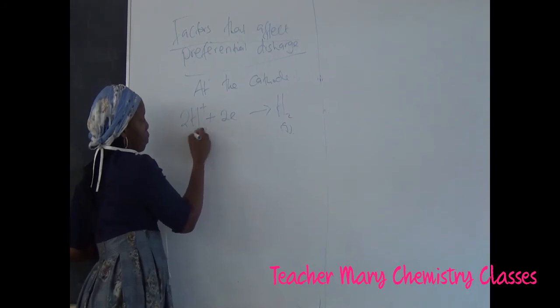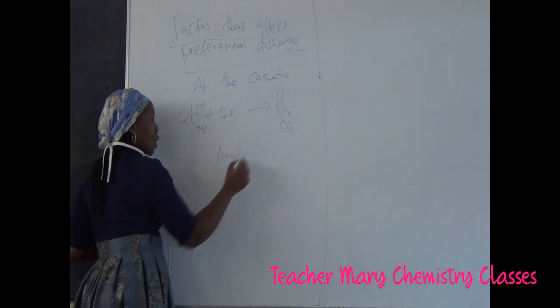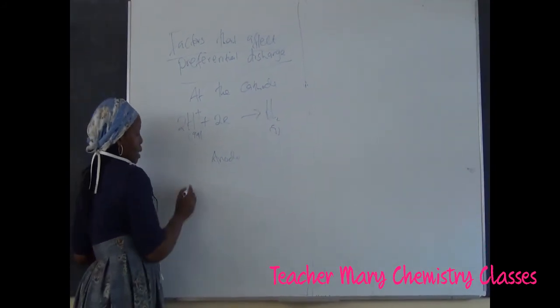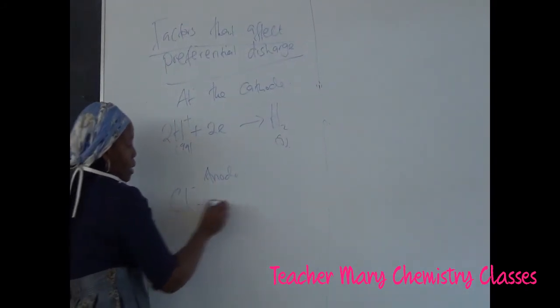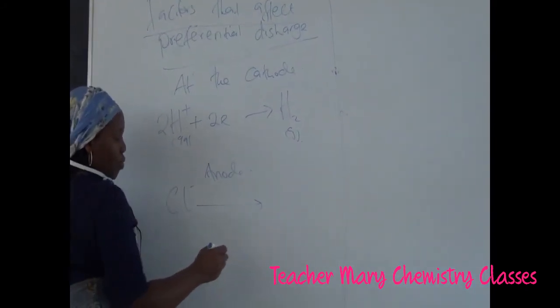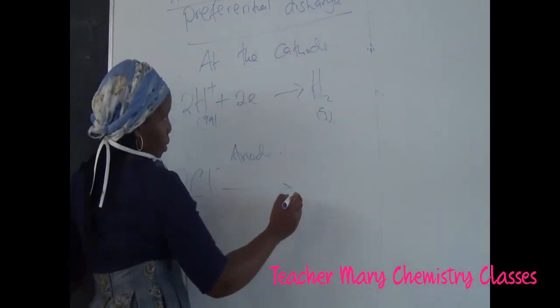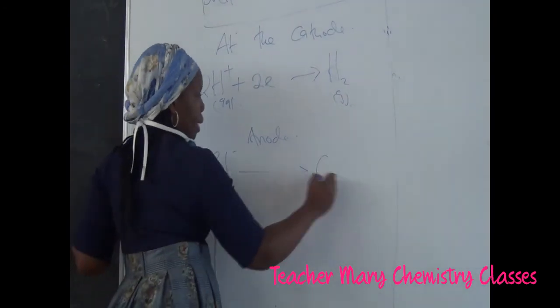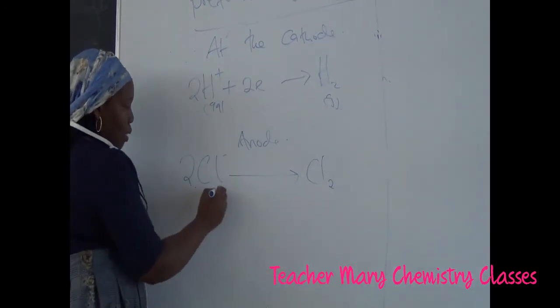At the anode, as much as the OH is present, the number of chloride ions in that solution is very high, so chlorine will be discharged.